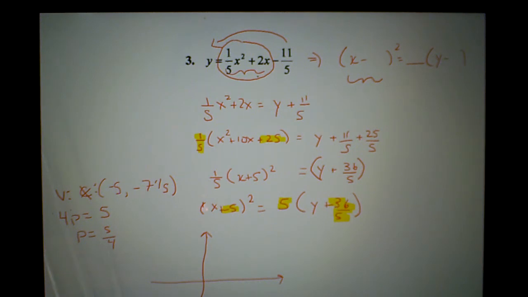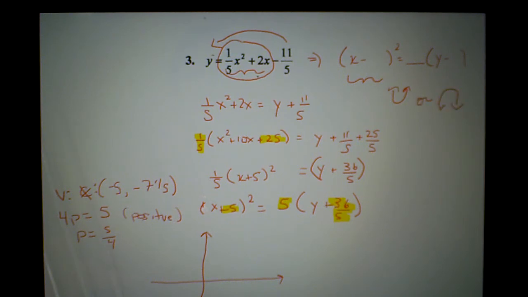Since my 4p value was 5, which was positive, I know that the parabola with x stuff was either up or down.